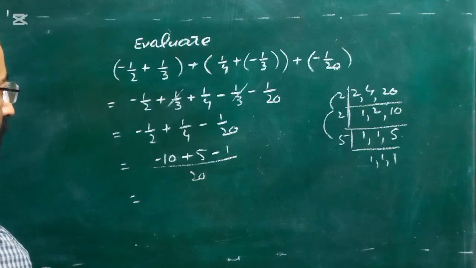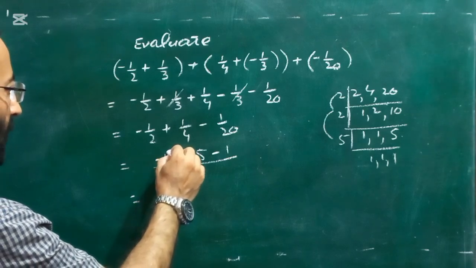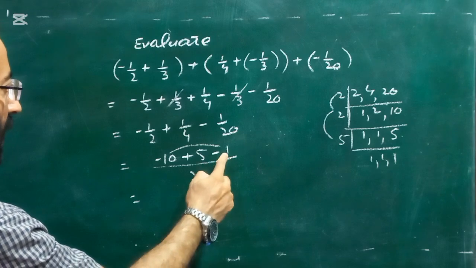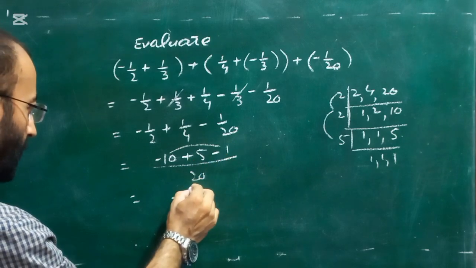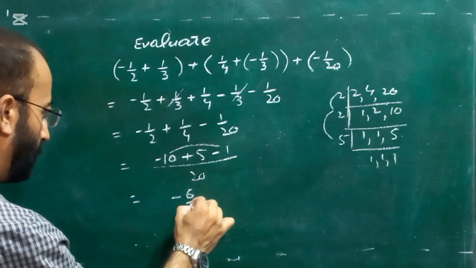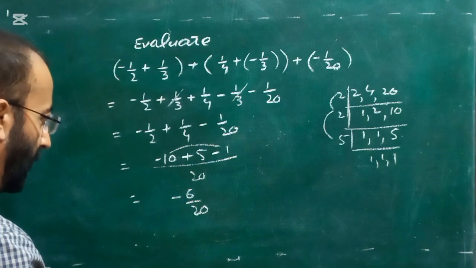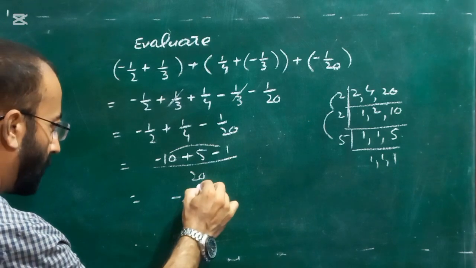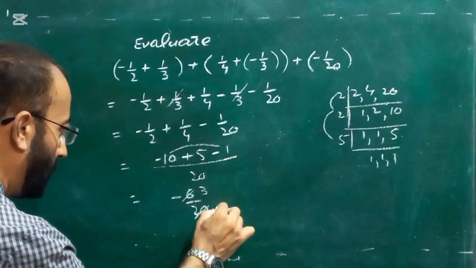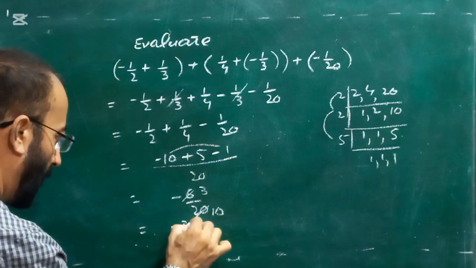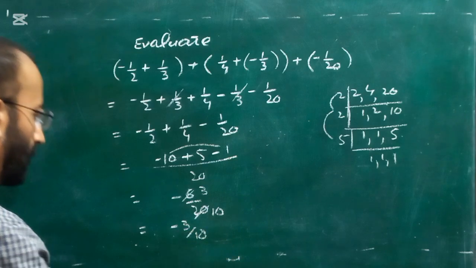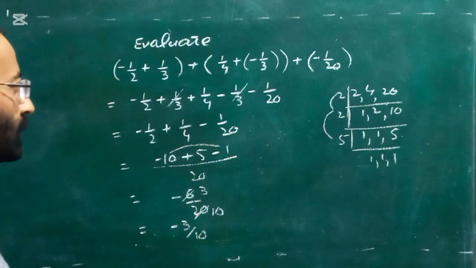At this stage, we will solve the values. So minus 10 and minus 1 will become minus 11 and plus 5 will be minus 6. By 20 remains as it is. Now at this stage, cancel the values. So 2 threes are 6, 2 tens are 20. So the answer is minus 3 by 10. So this is the answer.